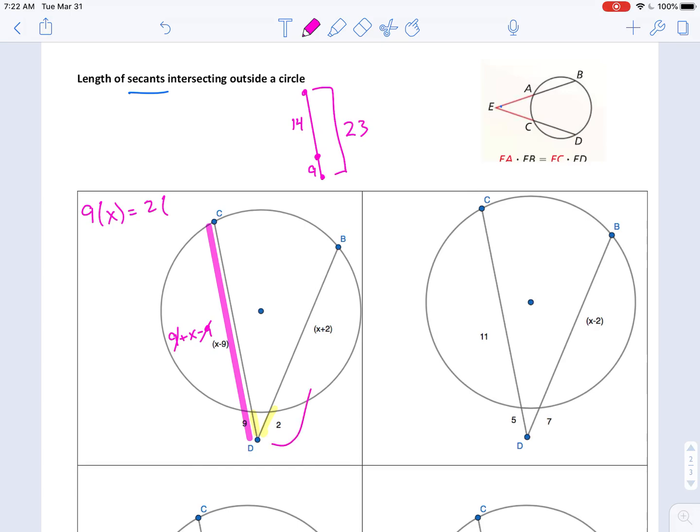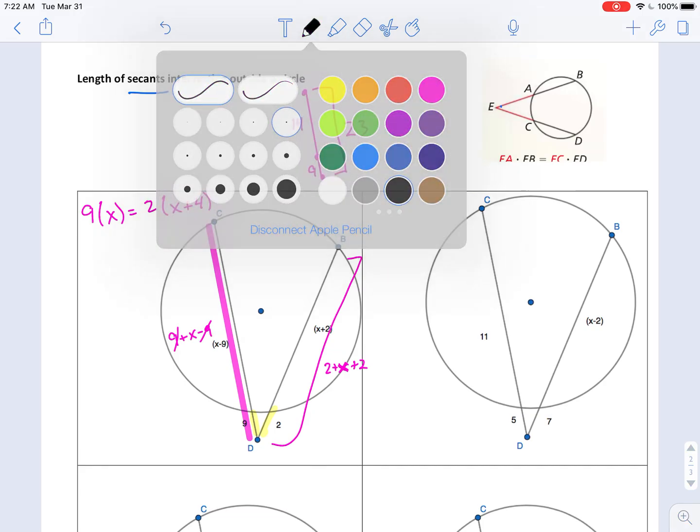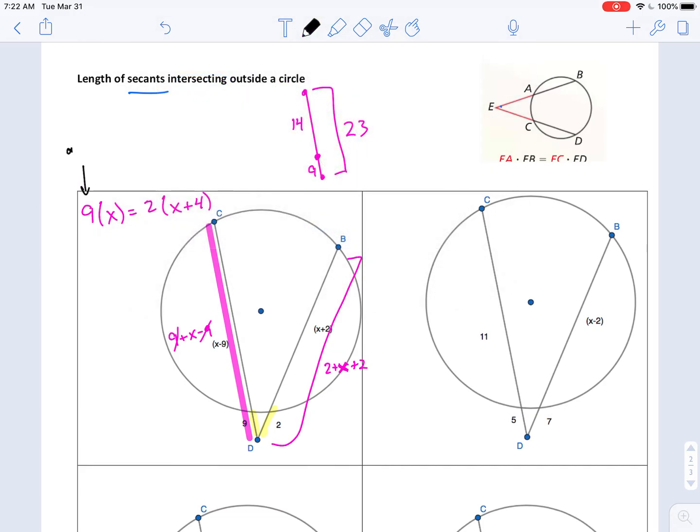now let's do the other side. 2 is the outside part of that secant. 2 times, again, if I add these two pieces up, if I do 2 plus x plus 2, it'd be x plus 4.